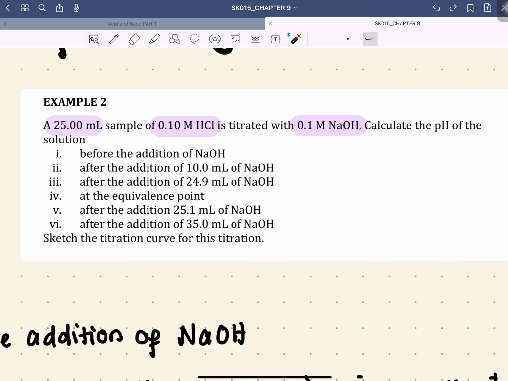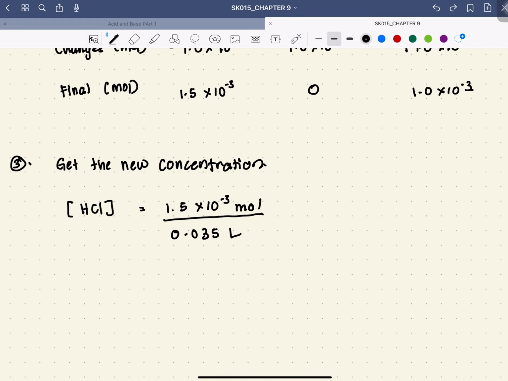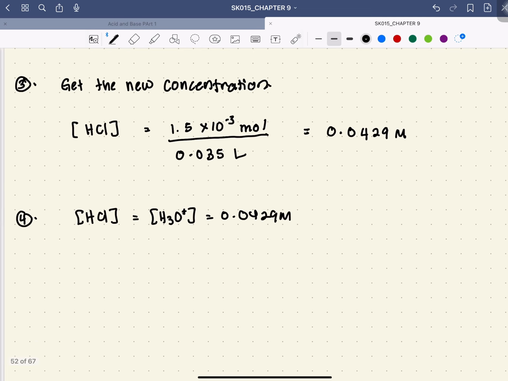Let's calculate this, and you are going to get 0.0429 molar. Lastly, we know the concentration of HCl is equivalent to the concentration of hydronium ion, which is the new one, 0.0429 molar.